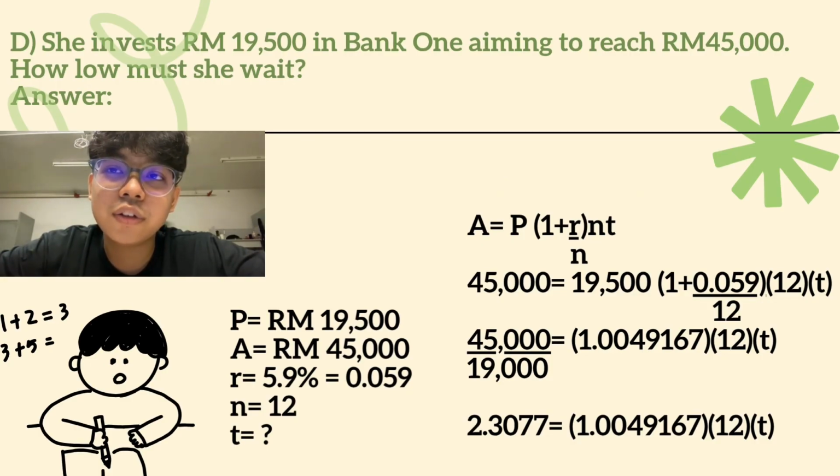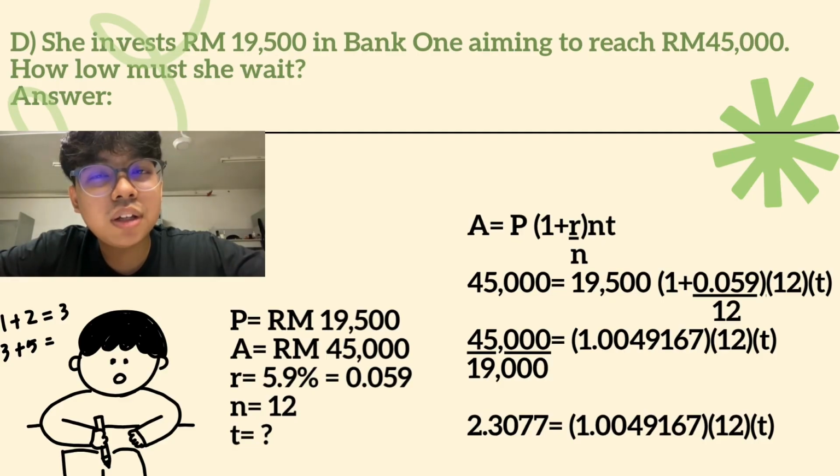N equals 12, and we have to search for T. A equals P(1 + r/n)^(nt). 55,000 equals 19,500 multiplied by (1 + 0.059/12)^(12T).